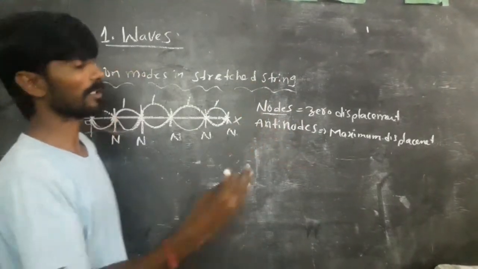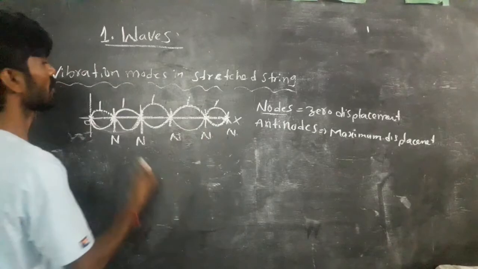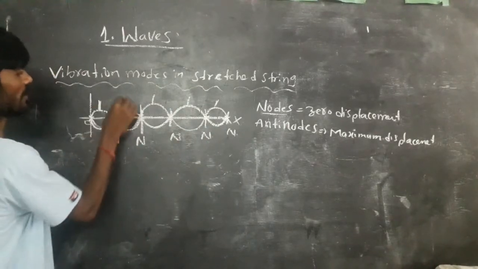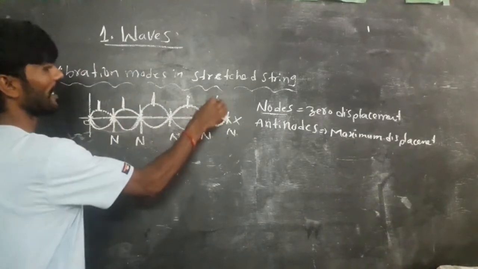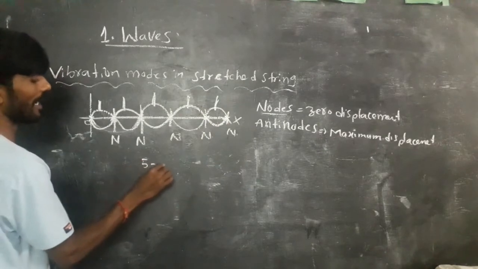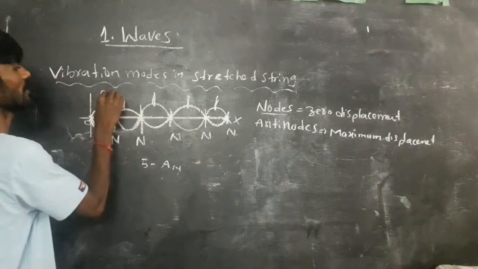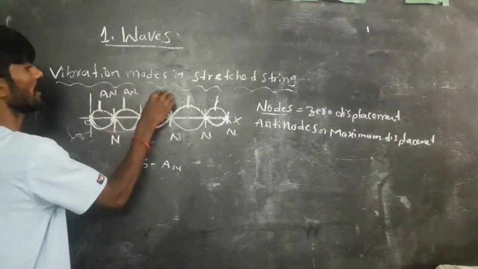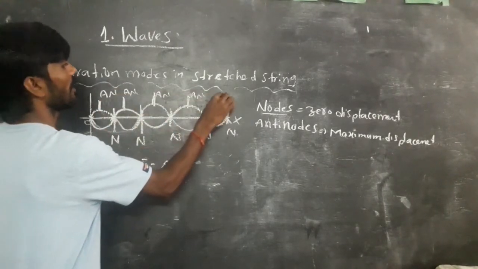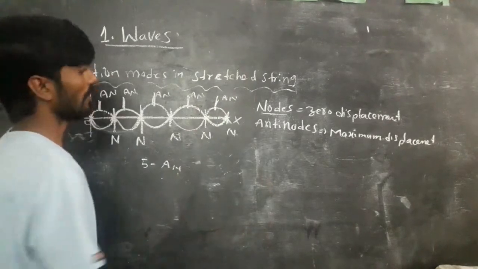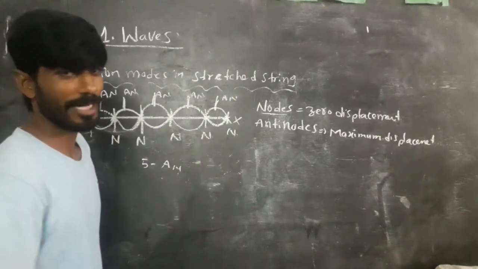So now I am taking upward. Where are the maximum points? 1, 2, 3, 4, 5. That means 5 antinodes. Antinode we can represent with AN. So we can find nodes and antinodes.